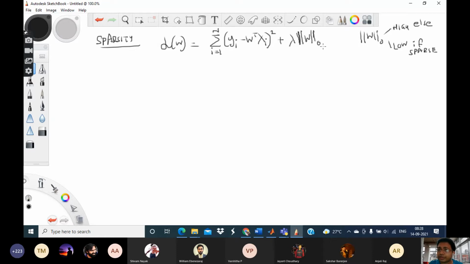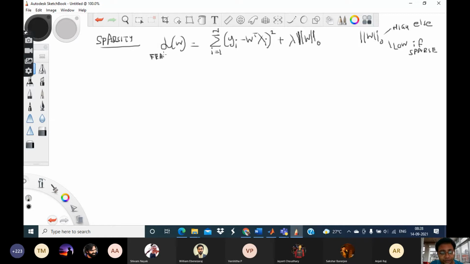In the case of sparsity, this is true, because whenever the vector is sparse, it gives me a low value. If not sparse, it gives me a high value. So this becomes the function which I want to minimize. This becomes the new definition of my loss function for feature selection.